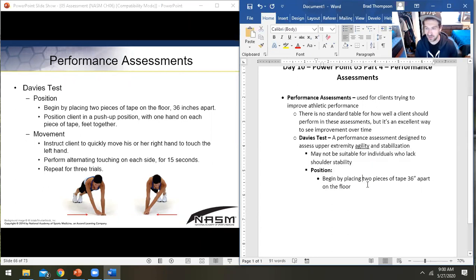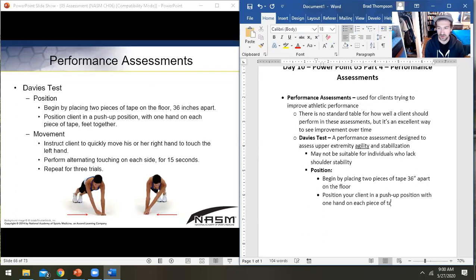And then you're going to position your client with their arms on both of those, right? So position your client in a push-up position with one hand on each piece of tape and feet together.